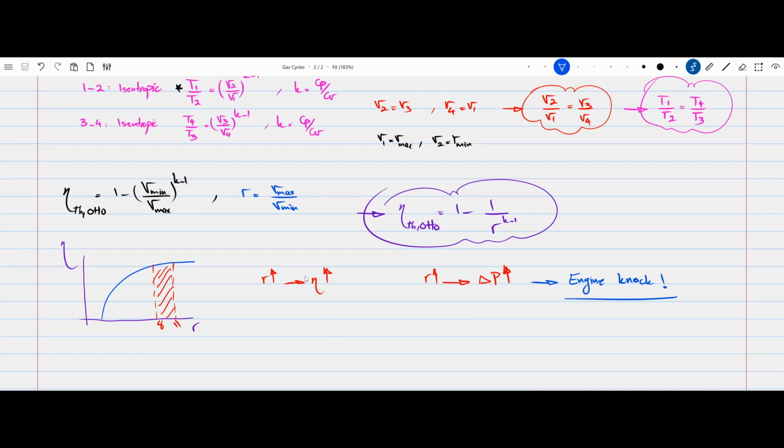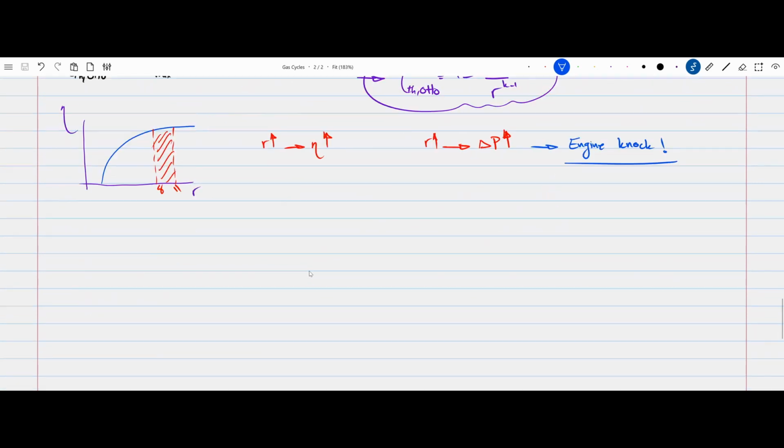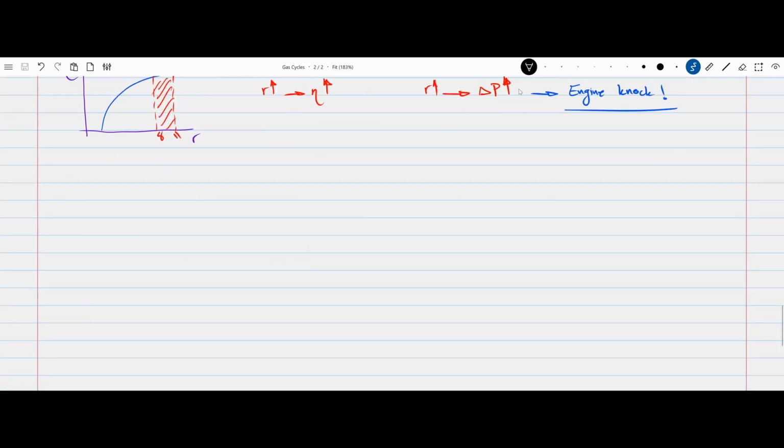Now, before we end the video, there is one more cycle that we want to cover, and that is the diesel cycle. So let's start with that. Now, the good thing is that we don't need to go through the details of every stroke again, because it is pretty similar to the Otto cycle.